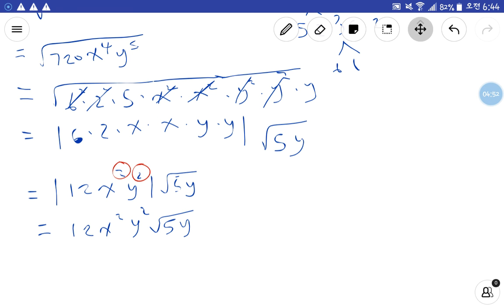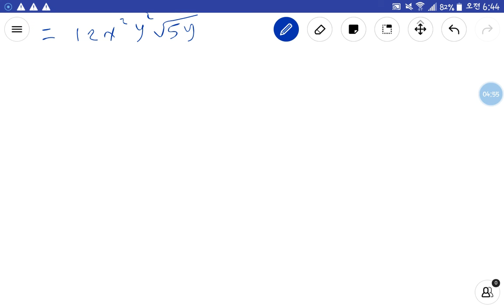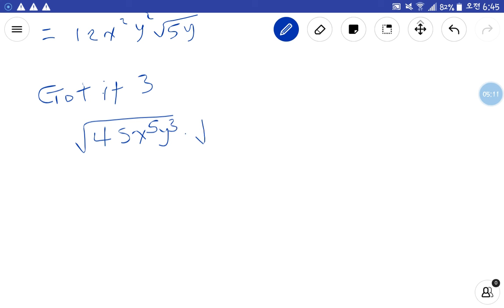Okay, so I need you guys to work on Got It 3 by yourself and check the answer after you solve this. Alright, Got It 3. So what is the simplest form of square root of 45 x to the 5th power y cubed times square root of 35 xy to the 4th power?